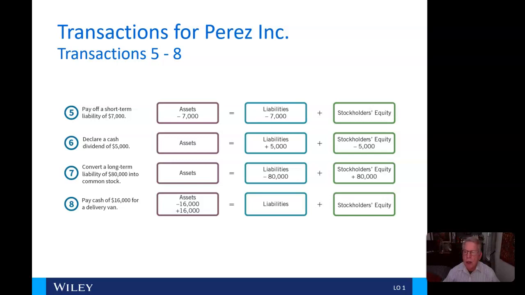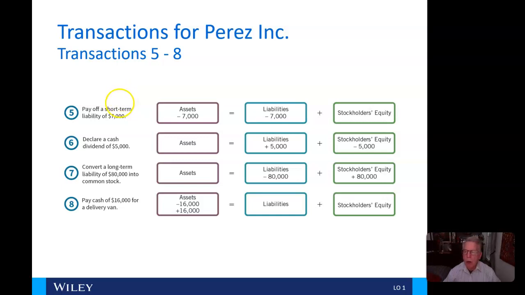Under number 6 here, we've declared a cash dividend of $5,000. We're going to have our stockholders' equity go down because dividends are part of retained earnings, and our liabilities are going to go up because we've just declared that dividend at this point in time. We have not paid it.